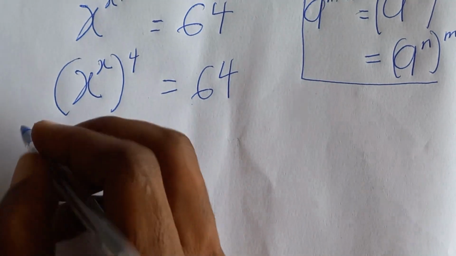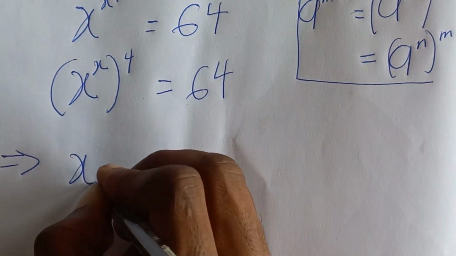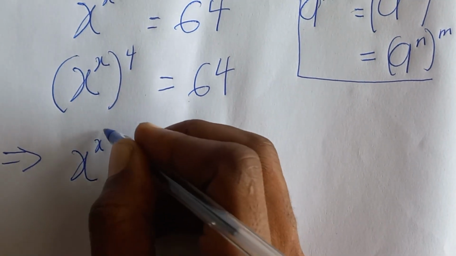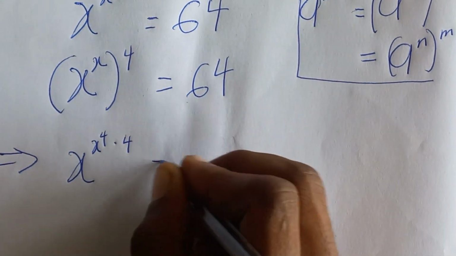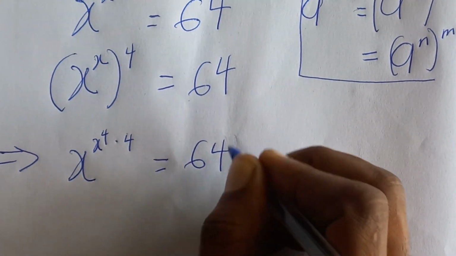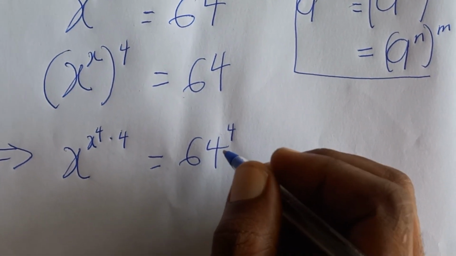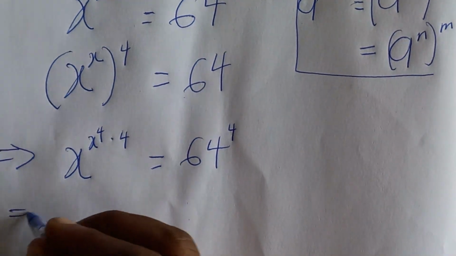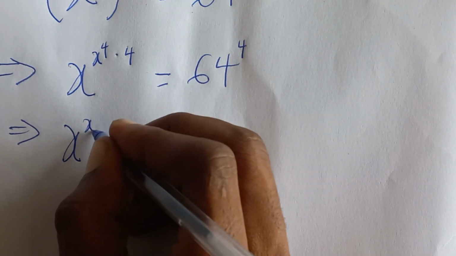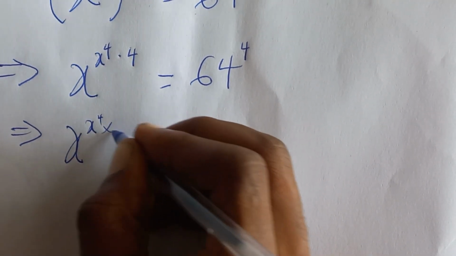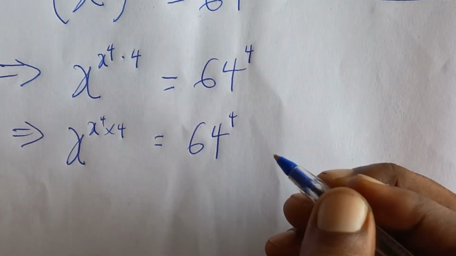In this case we are going to get x exponent 4 multiplied by 4 is equal to 64 exponent 4, like this. And this one we can express as x exponent x or 4 times 4 is equal to 64 exponent 4.